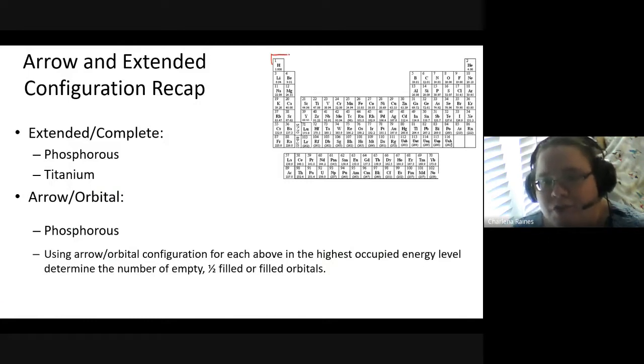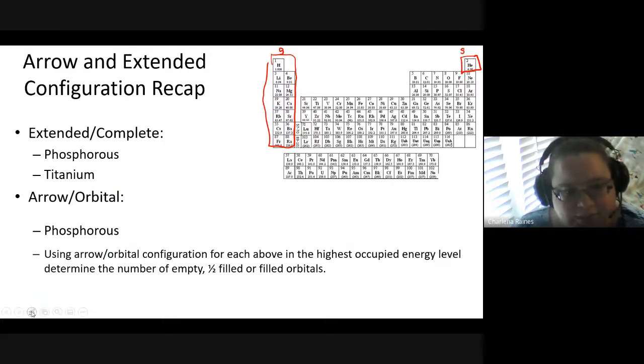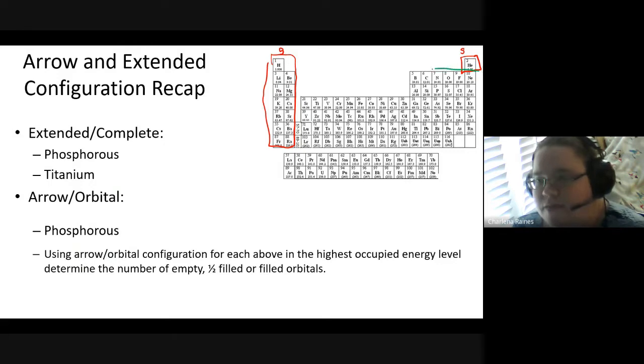Just a reminder that when you look at your periodic table, it is very useful if you label where you can find the different sublevels. The elements that I'm highlighting in red have their outer electrons in that S sublevel. The ones that I am doing in green, their outer electrons are filling up the P sublevel.